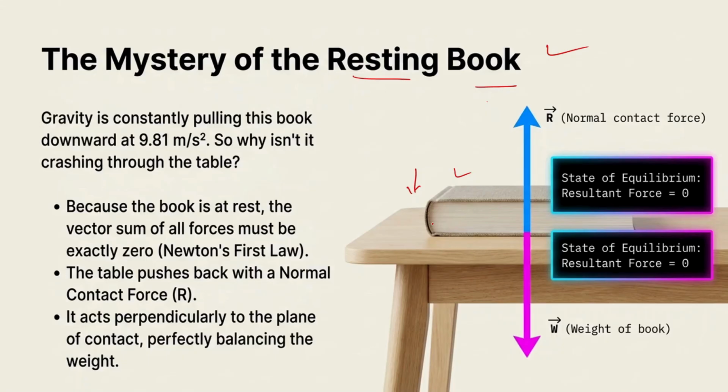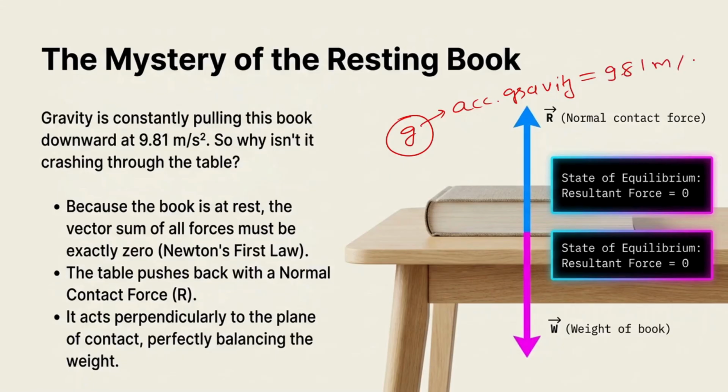We know gravity is always there. The book is on the earth. So g, or you can say acceleration due to gravity, is always there, and it is 9.81 meters per second squared.